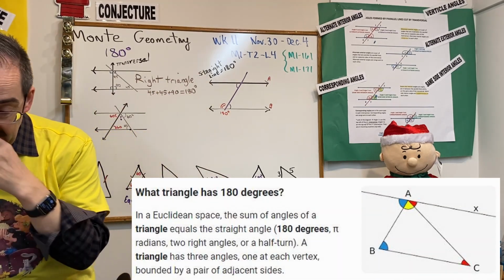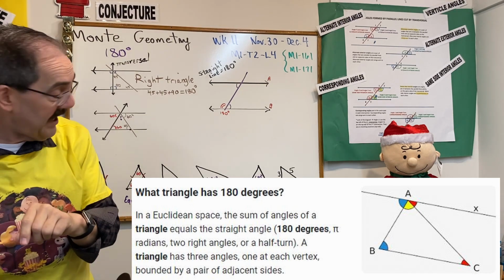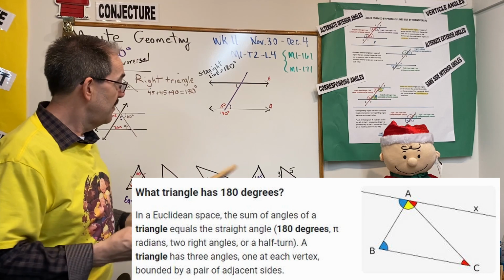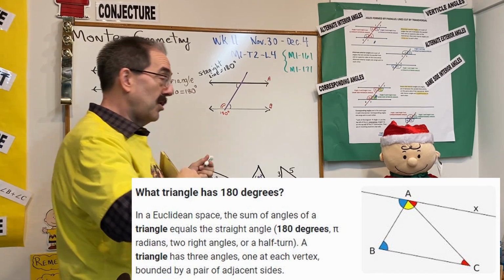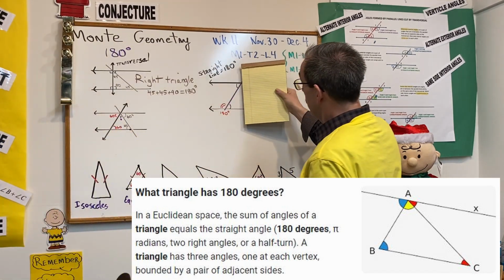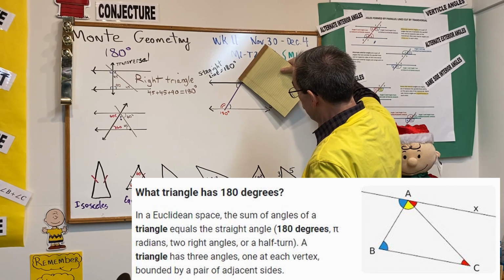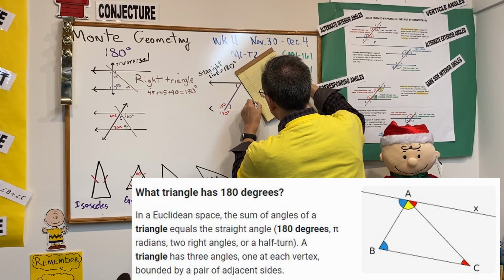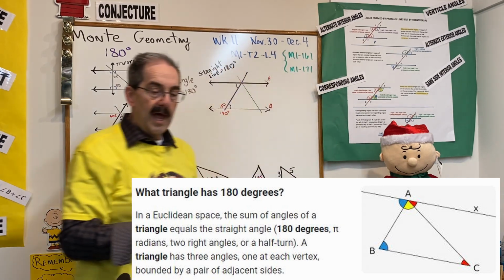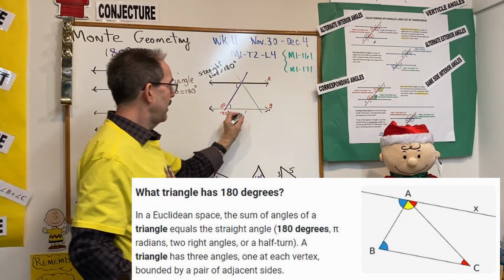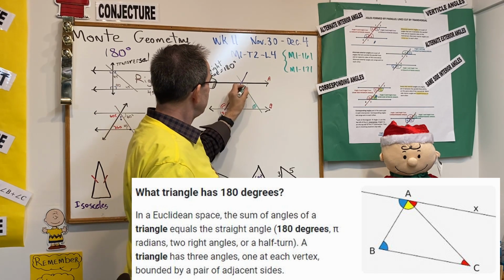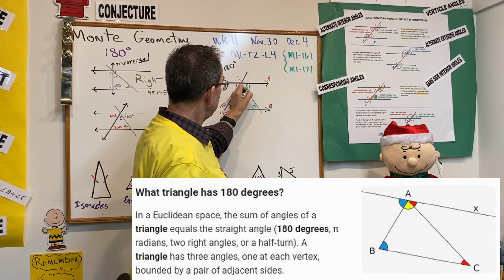Now, if I draw another line, it doesn't matter, it could be straight up and down, it could be at an angle, whatever we want. Okay? As I cut that, this angle is the same as this angle.